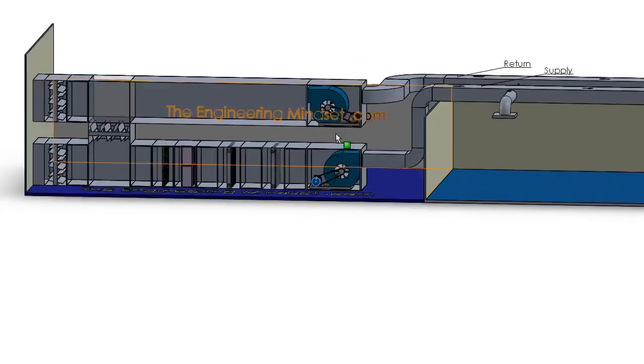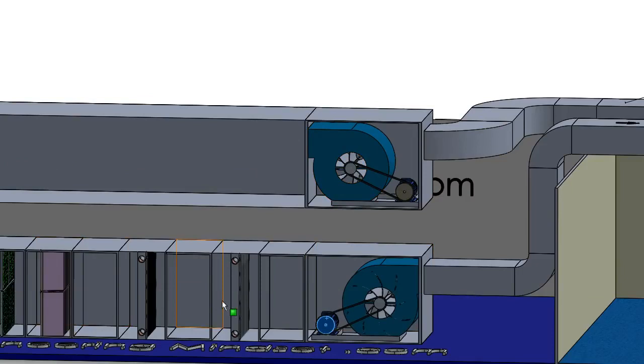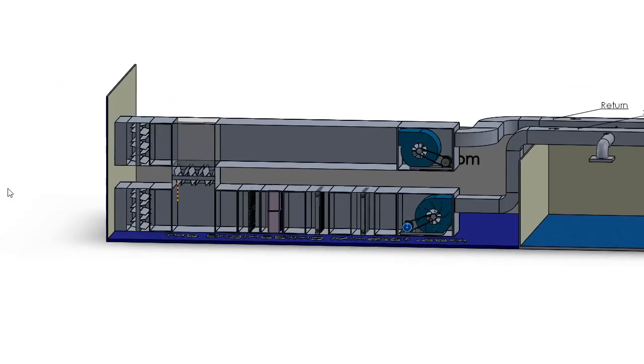Now the return fan works very similarly to the supply one, just in reverse, so it's sucking the air out of there. I've again done a simple explanation here of how that would work. Once the air has been brought into the building, it's passed through these dampers, which control the amount of fresh air that can be brought into the space.